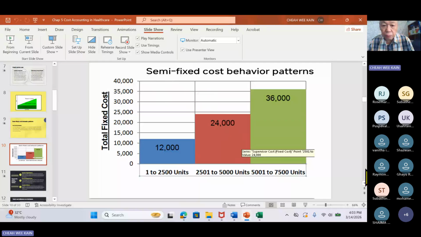A good example is, for example, you are renting the KPJ building now and you want to expand, so you rent another piece of land beside it. It's not the same rental per square feet because it's a different landlord. So sometimes that is called ranges.